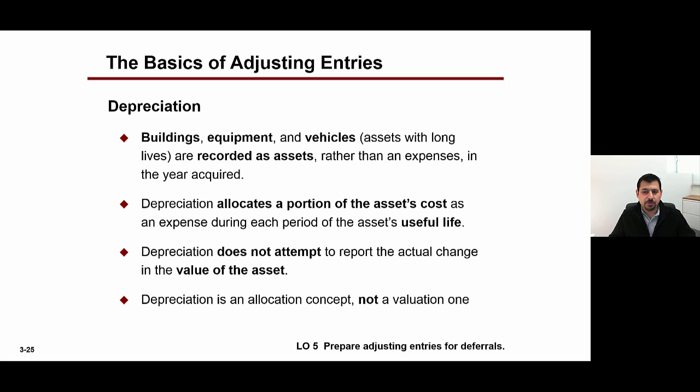Then they allocate a portion of this cost as an expense every accounting period, for the expense recognition principle. This is why we need to make adjusting entries to recognize the cost that has been used as the expense during that accounting period.